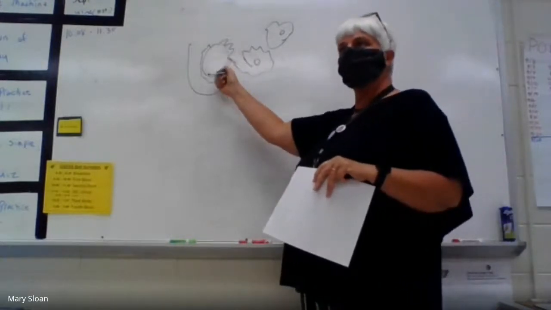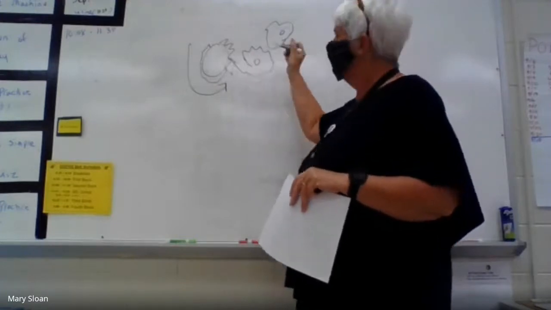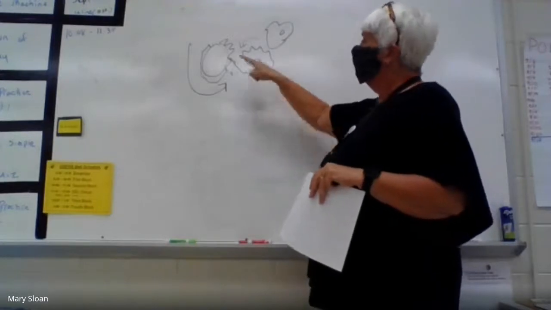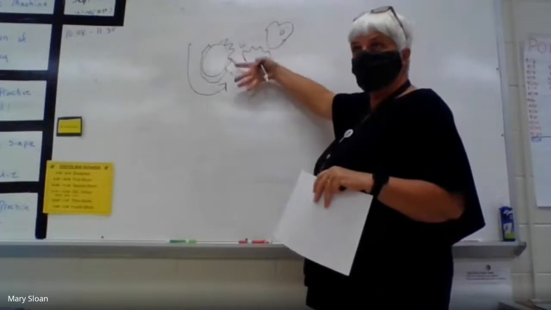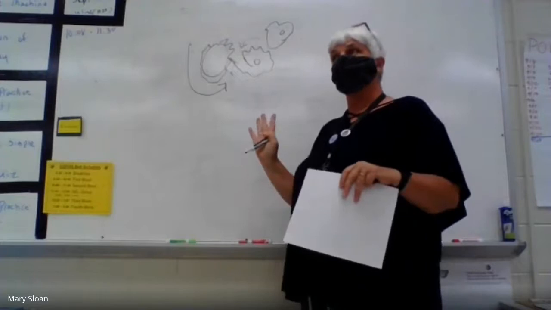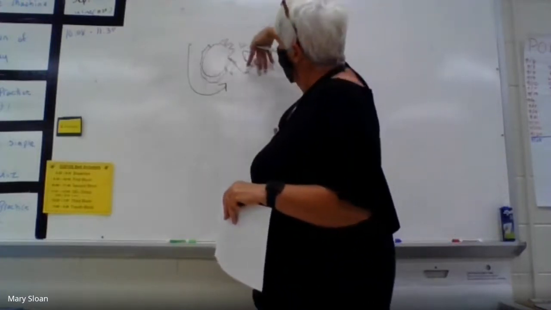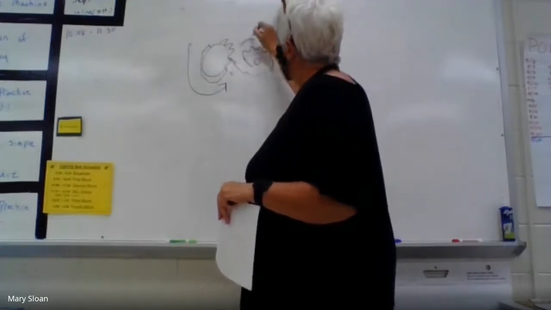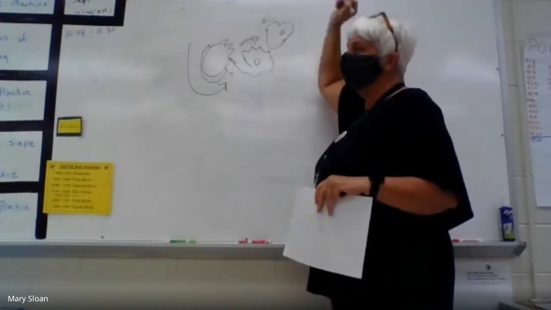If this one is turning in that direction, which direction is this one turning? The opposite direction, correct? If it's turning this way and the gear is here, believe it or not, it's turning in the opposite direction. Okay? I promise you. So if this gear is going this direction, then this gear is going that direction. How about this gear? That way. This one again, right?